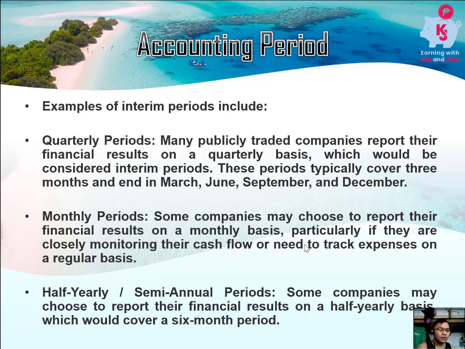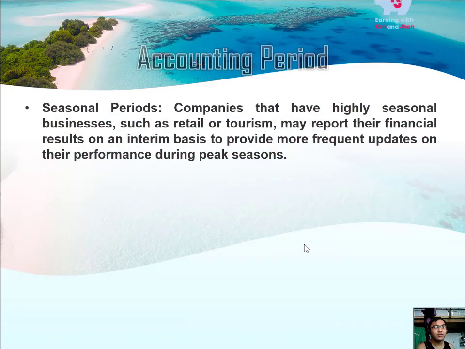Monthly periods: companies may choose to report their financial results on a monthly basis, particularly if they are closely monitoring their cash flow and need to track expenses on a regular basis. Semi-annually or half-yearly or semi-annual. Some companies may choose to report their financial results on a half-yearly basis, which could cover a 6-month period.